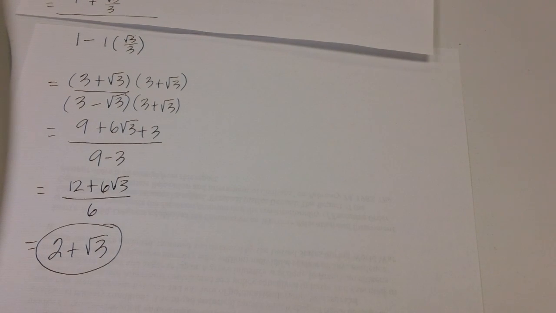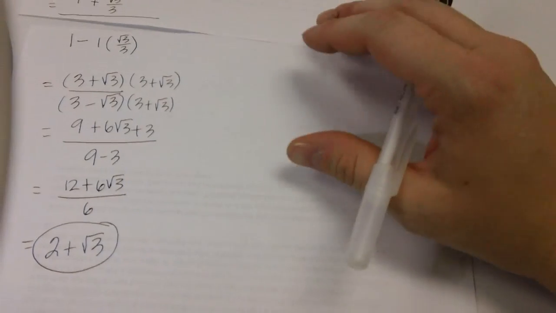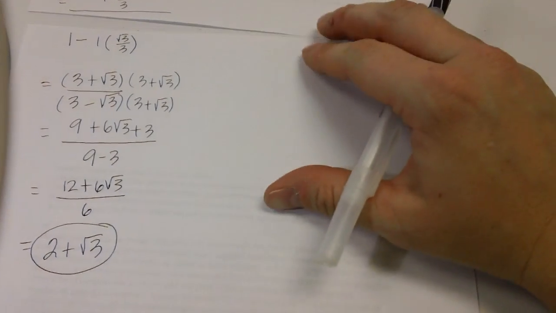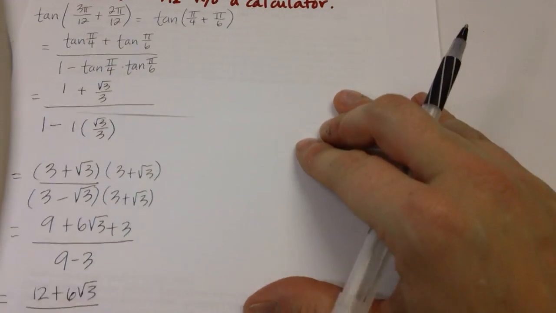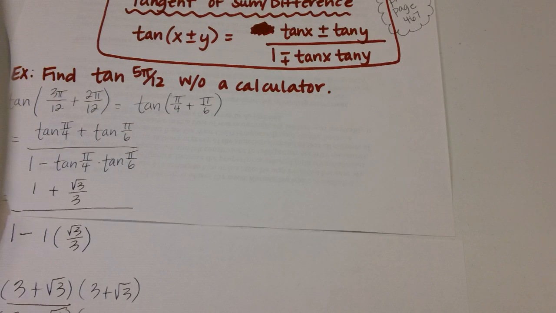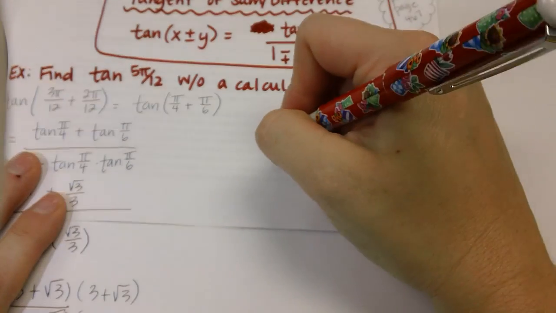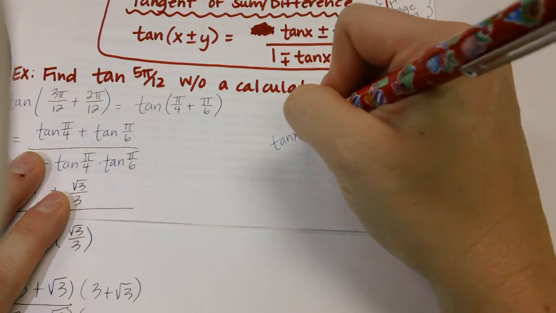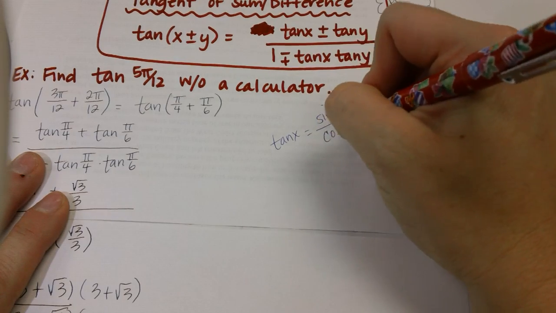Now, some of you might look at this and see that that is a lot of work to go through for the tangent of a sum or difference. Keep in mind that there is a simpler way to do this problem. If you remember your quotient identity, tangent of x is equivalent to the sine of x over cosine of x.